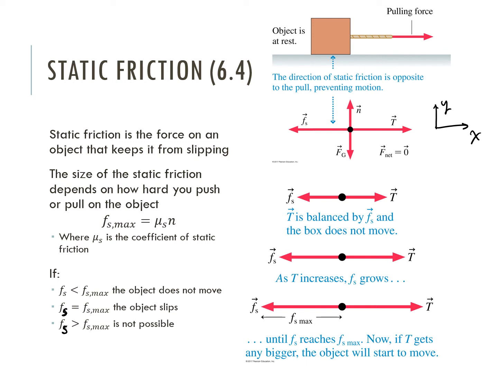So this here is our equation for the maximum static friction. This is typically the equation that we are going to be using when doing static friction problems, as we're typically going to be looking at the maximum case, as we'll see in the next two videos.